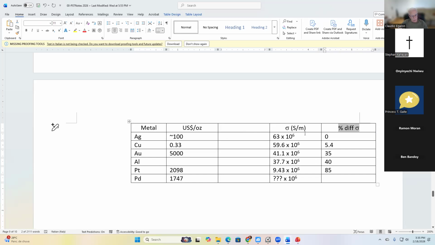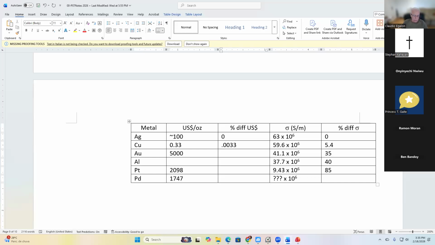Percentage difference in US dollars. So difference in USD. Here is 0.33 divided by 100. Here is 0%, right? Copper is, my goodness, 3,000 times, 0.0033 cheaper than the price of silver.